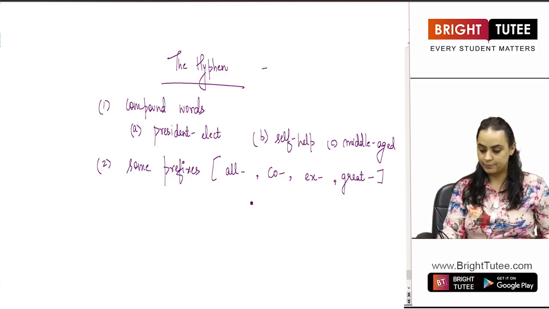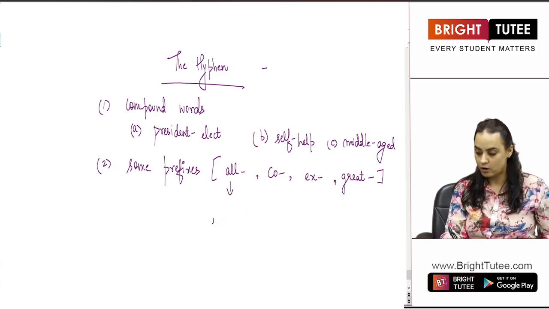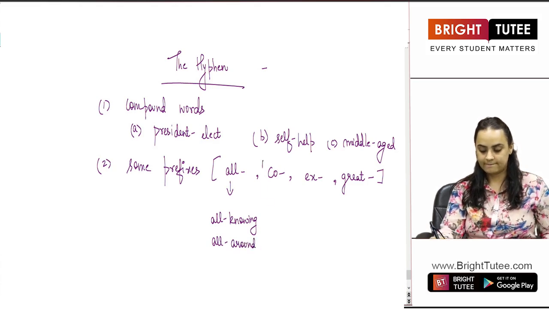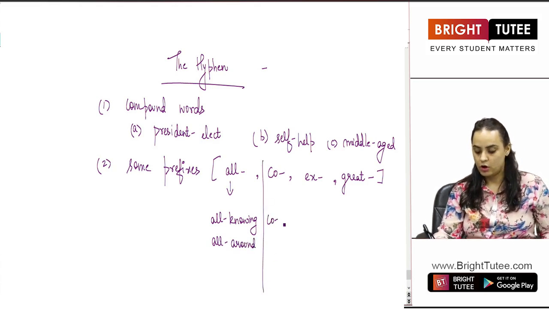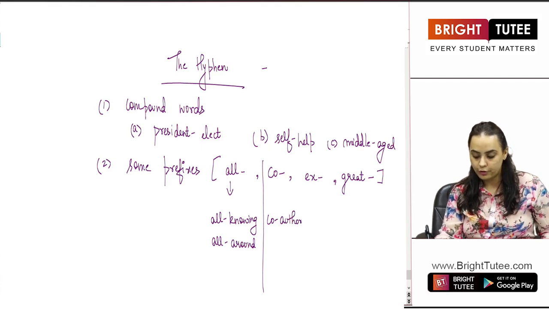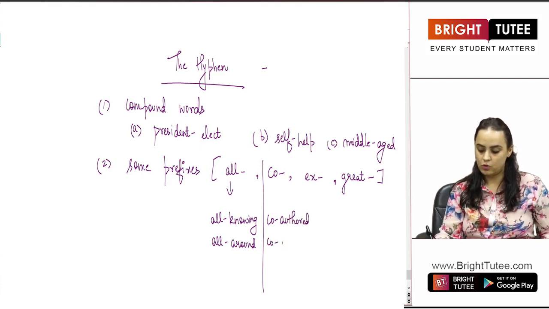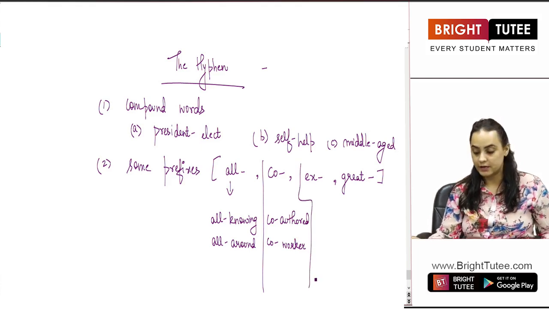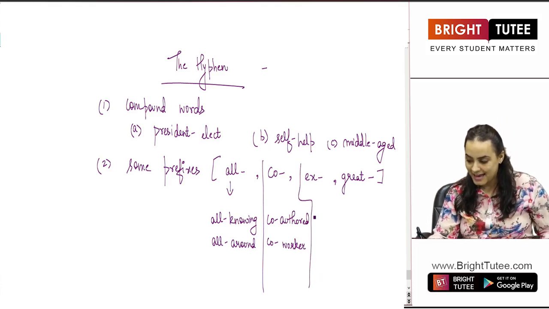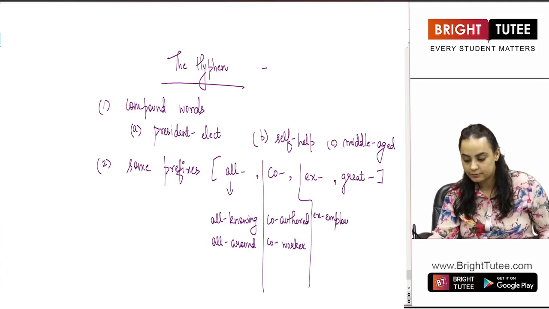For example, for all, all-knowing or all-around. For co, co-authored, co-worker. For ex, ex-convict or ex-employee.